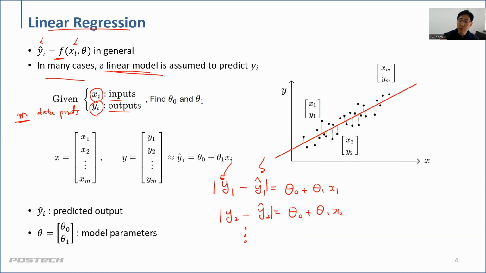I want to minimize the errors by having good numbers for theta naught and theta 1. So I guess you can guess, now that I'm trying to get the best, this problem can be modeled as an optimization problem.